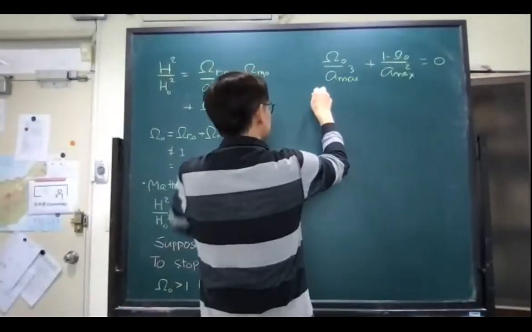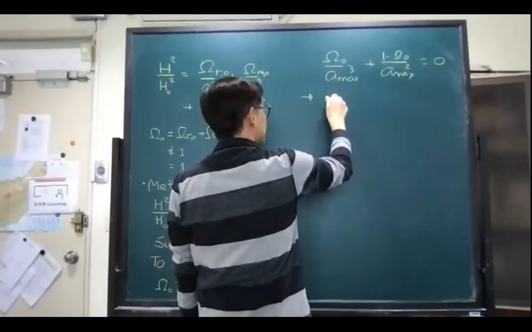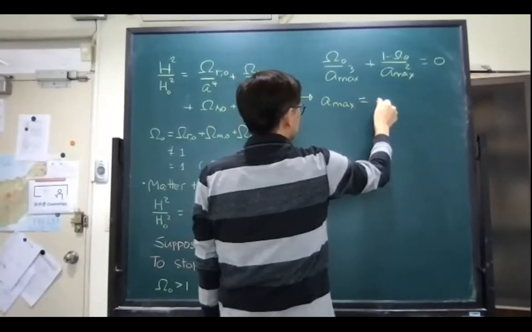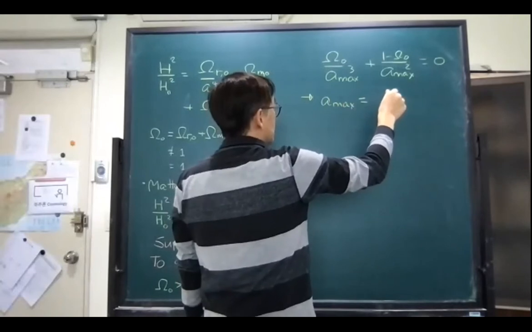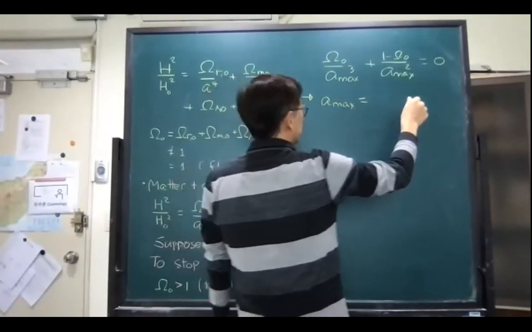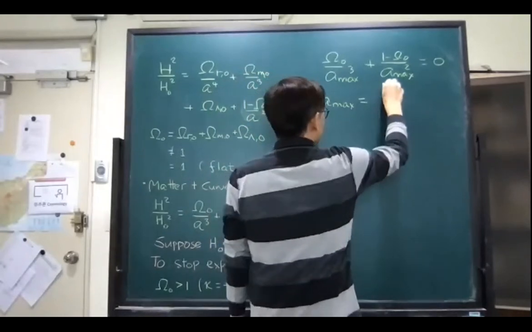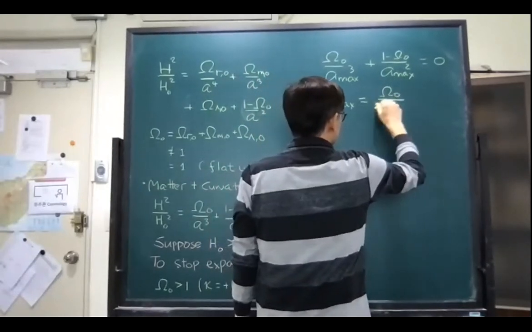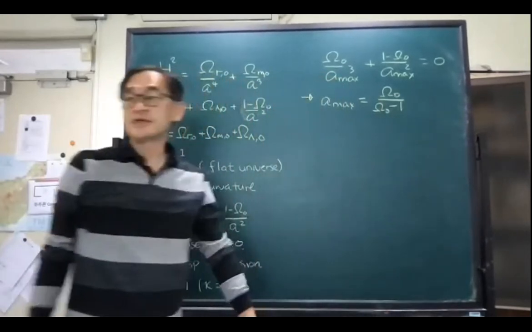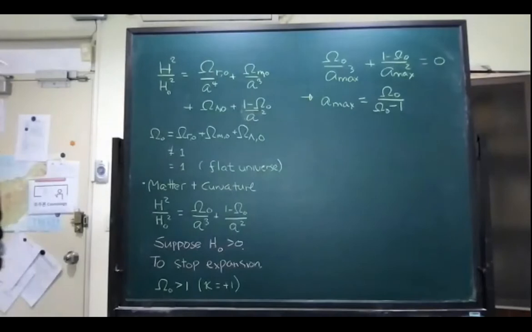So doing the calculation, a max should be equal to omega 0 over omega 0 minus 1 should be the value of the scale factor.